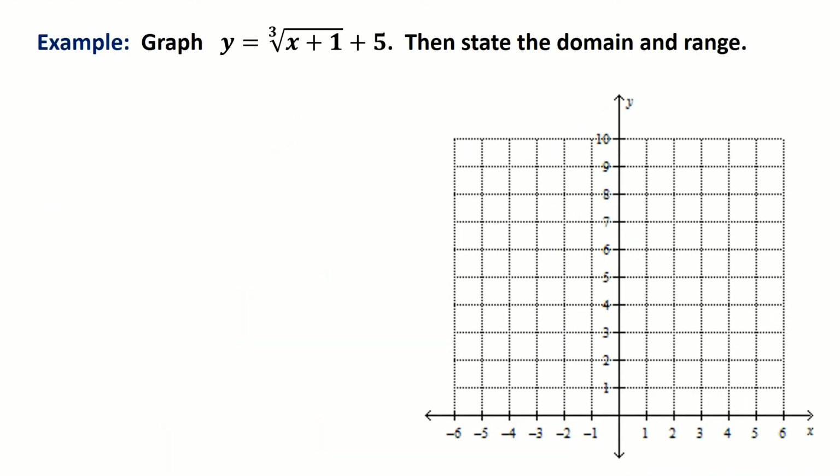Graph y equals cube root of x plus 1, plus 5, then state the domain and range. Well, the domain and range part is easy, because when you take the cube root, you can substitute any real number, and the graph stretches in both directions. So the range is also all real numbers. All right, first thing, let's identify the a, h, and k values.